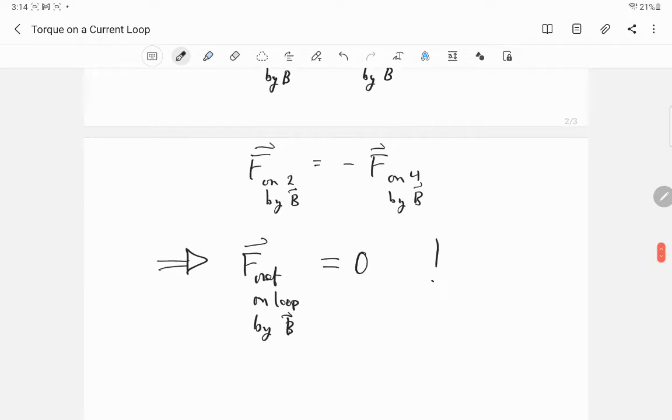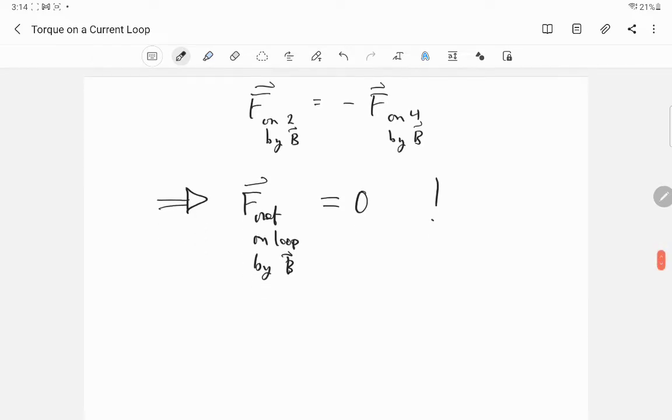So what this means is my current loop is not going to accelerate in any sense linearly. So let's be careful. No linear acceleration. Linear means straight line, you know?